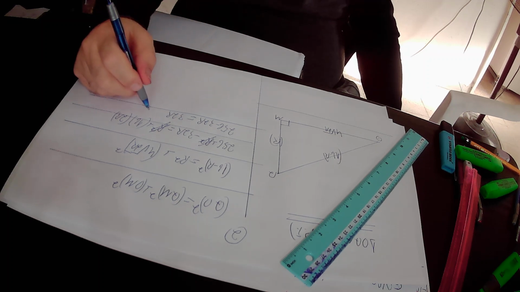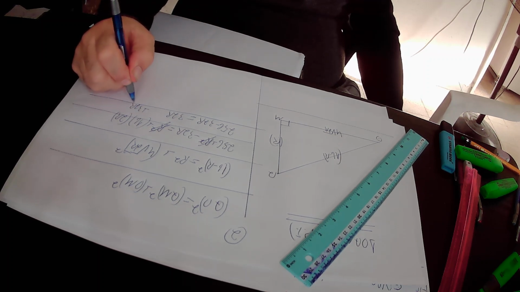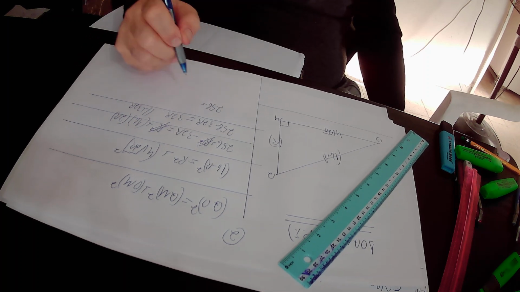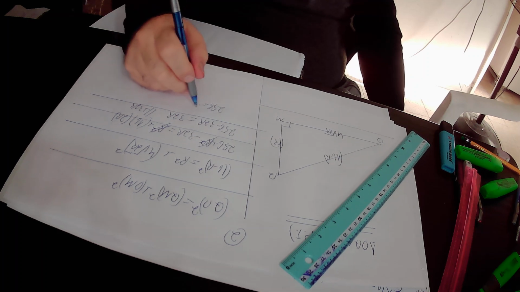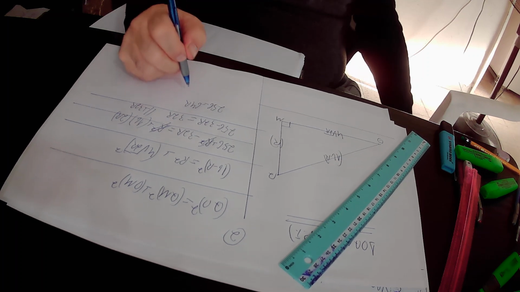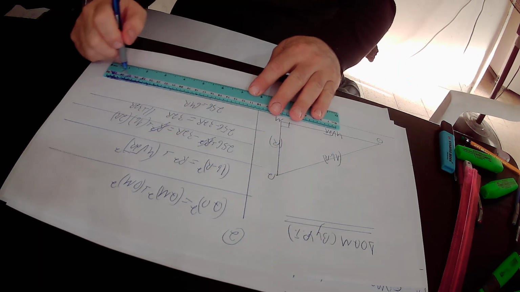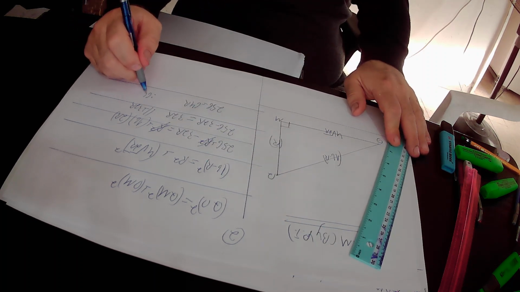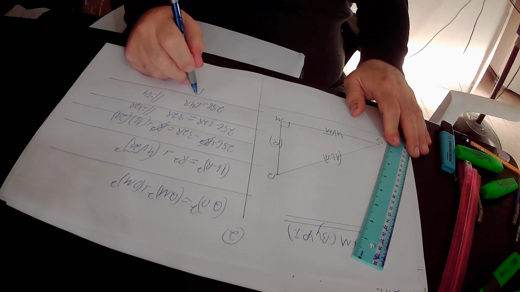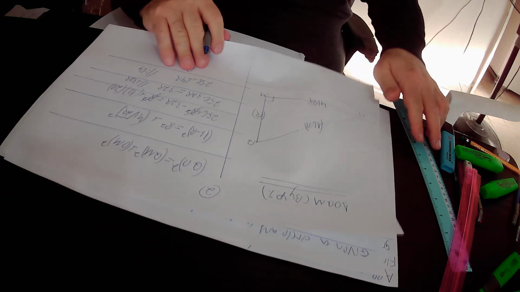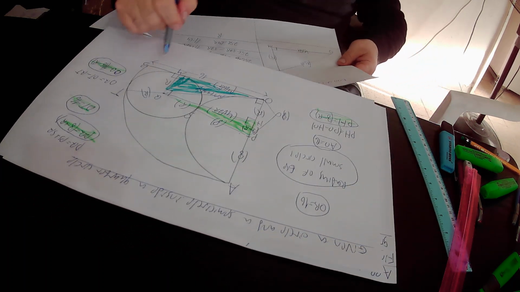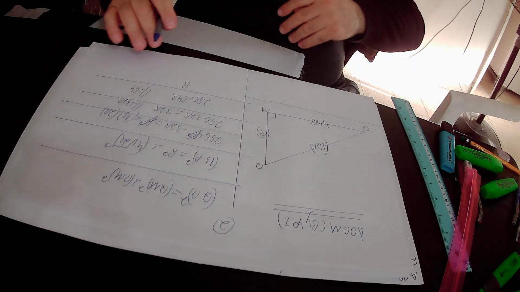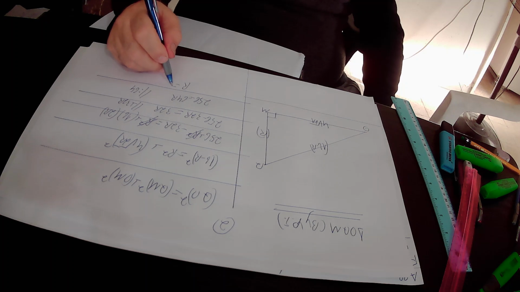Here we add 32R to both sides of this equation, and we get that 256 equals 32R plus 32R, which is 64R. So 256 equals 64R. Here we divide this equation by 64 and get finally that the radius of this small circle, that is the radius that we are looking for, equals 256 over 64, which is 4.